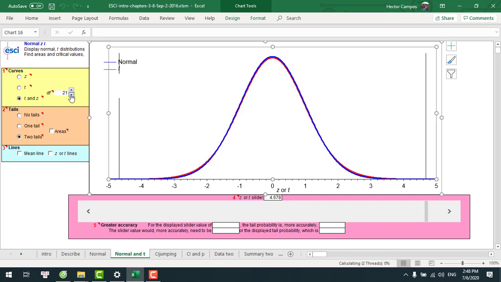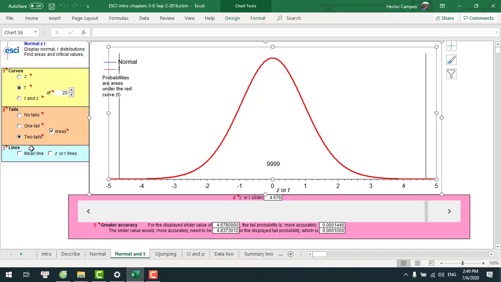Now, the same way that we did this, let's make 20 degrees of freedom now. I'm going to bring my curve down to 20 degrees of freedom, and I'm going to have only a t-curve. So this is my t-curve with 20 degrees of freedom. I can also then find areas here. Everything under the curve is going to be 1.